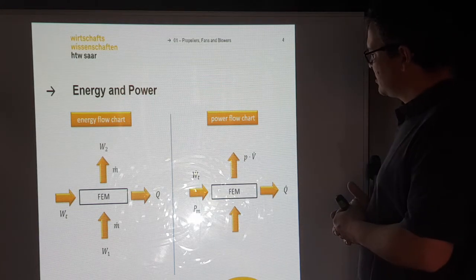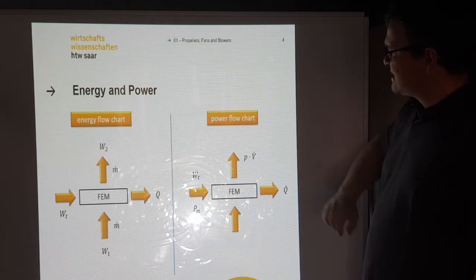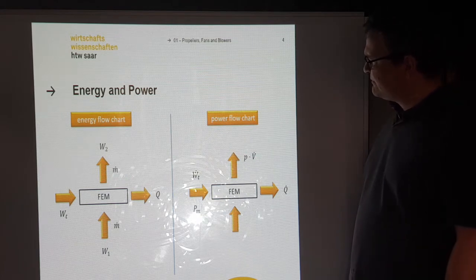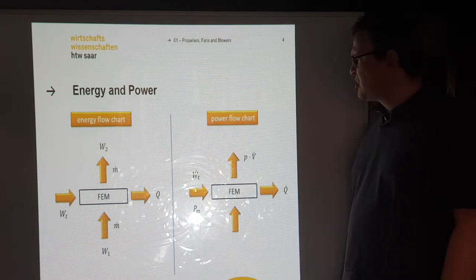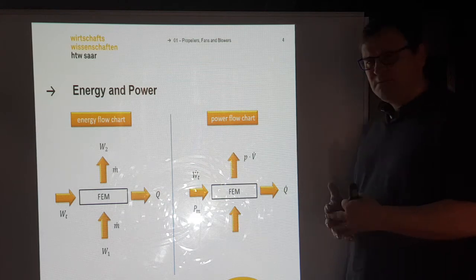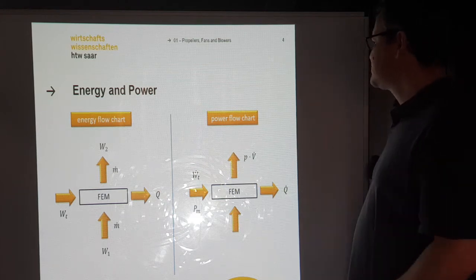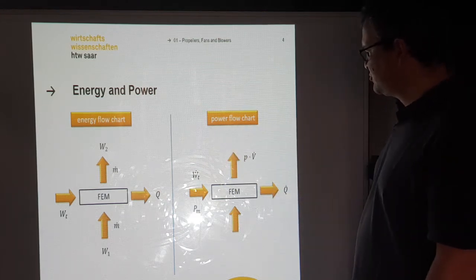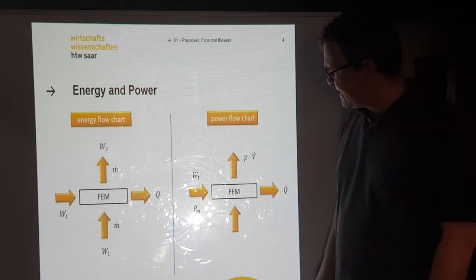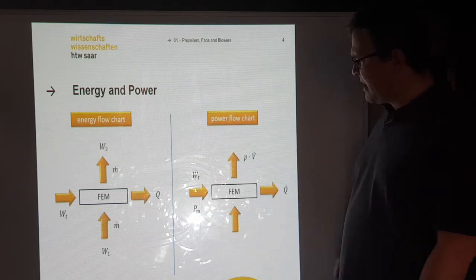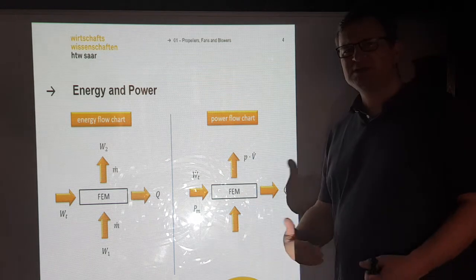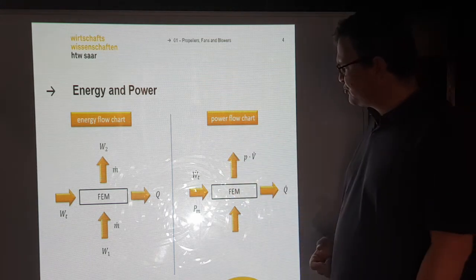Okay, and on the other side, we could make balances of power. So we can sketch a kind of power flow chart, and then we balance the power. The power is a derivation of energy.